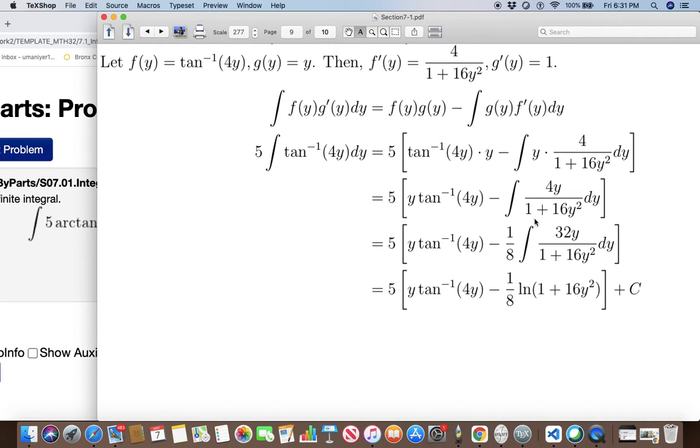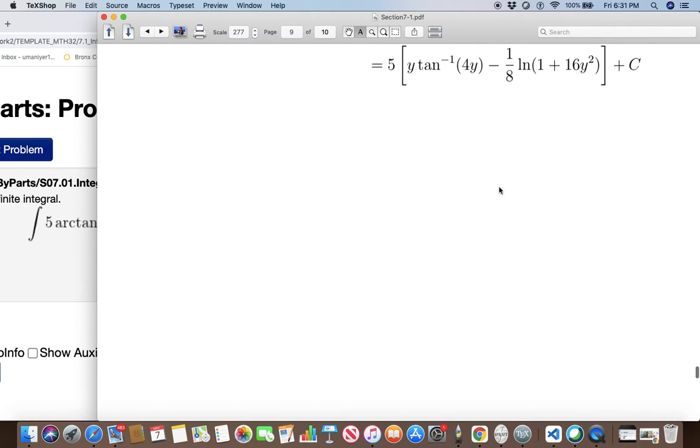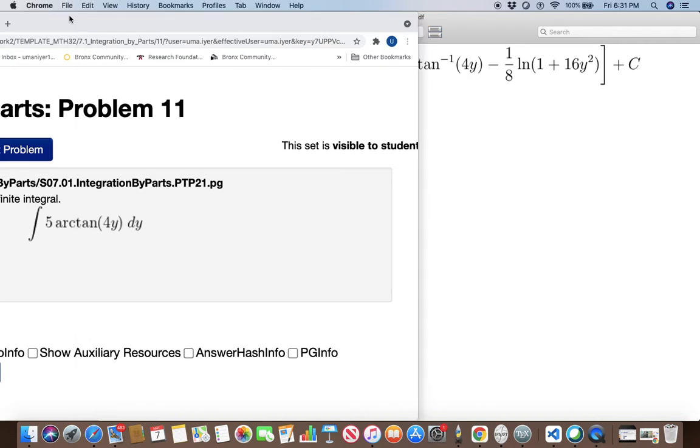Check for yourself if you have forgotten how to use substitution to find this integral. You're going to set u equals 1 plus 16y squared. du will be 32y dy. So that integral is natural log of 1 plus 16y squared. Everything else is as it is, plus a constant of integration.